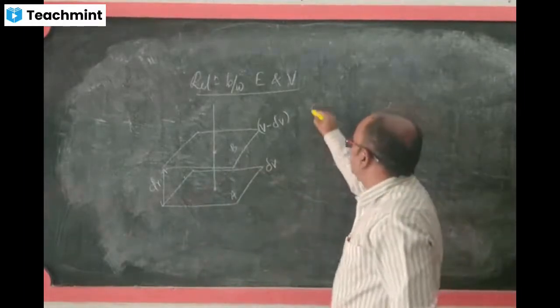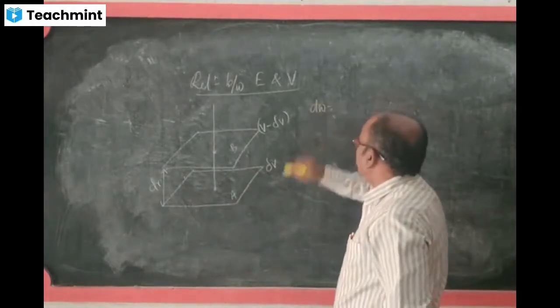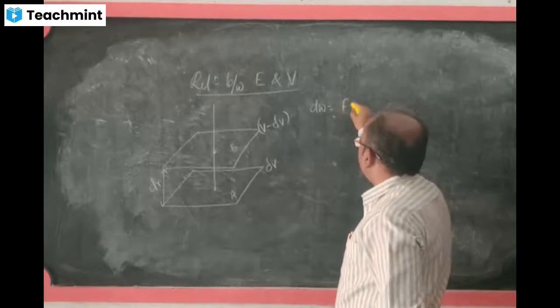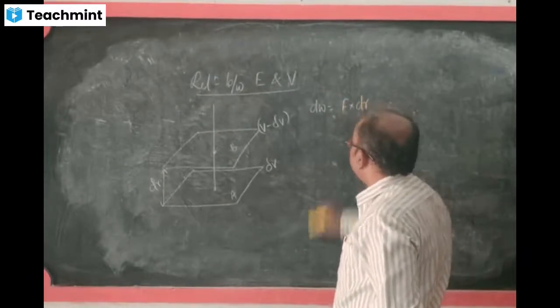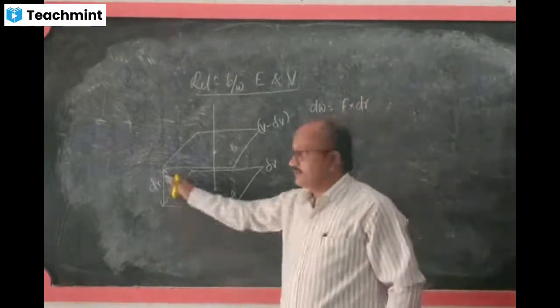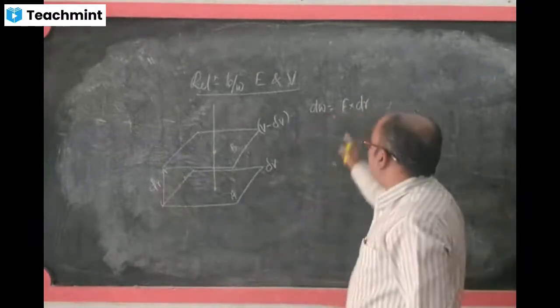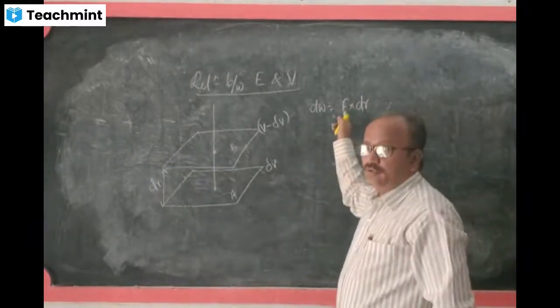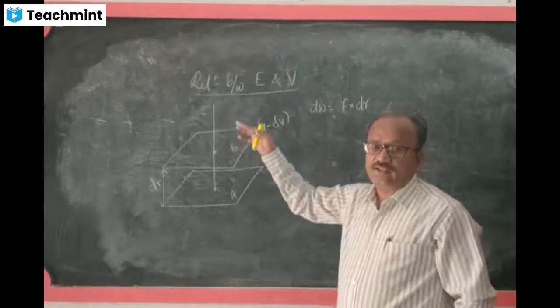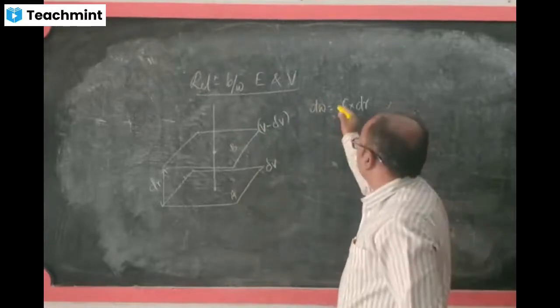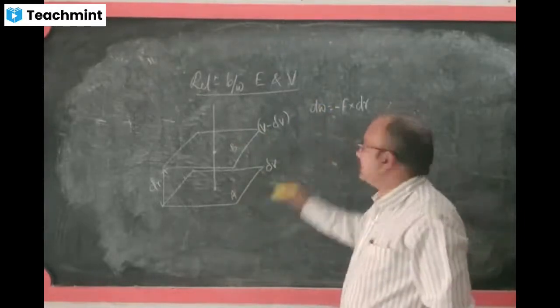That work done, dW, is equal to force into displacement. Here the displacement is d, and when you are taking the charge opposite to the electric field, this becomes minus.